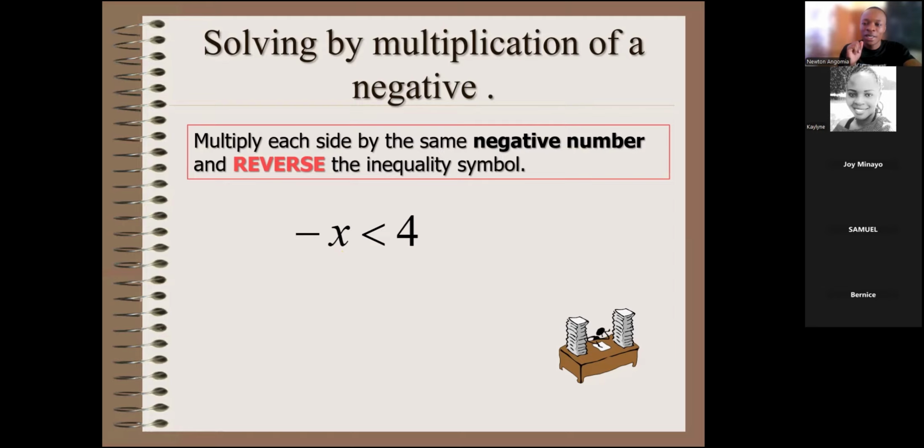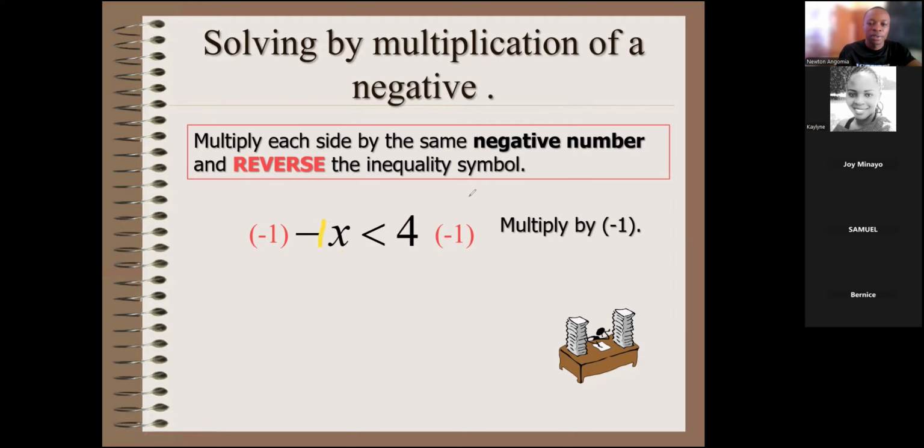So if you want to get x, only x and not negative x, what do you do? You simply need to multiply both sides by negative 1, because x has a coefficient of 1 at this particular point. Here, there is a 1.